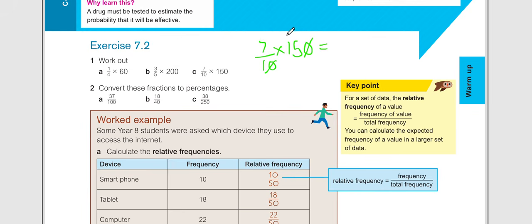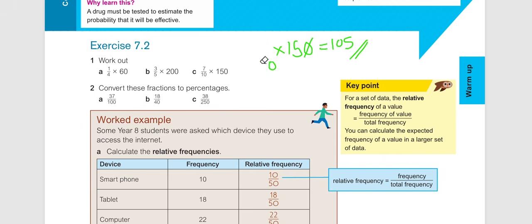So you don't need to multiply the whole thing again and divide it by 10, and waste time. If there's a 0 on top and a 0 down, you can just cut it out. And 7 times 15 is 105. Is that clear? Yes. Right, so those are the basic ones. You have to know how to do the calculations.